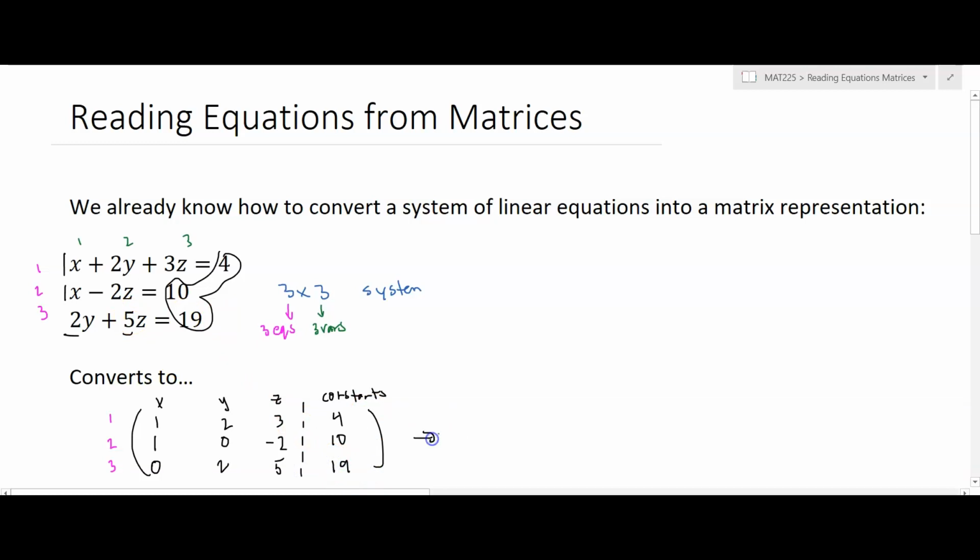Now, a lot of times, if you're using a calculator or some sort of technology, you're not going to see this dotted line. So we'll simply see the system 1, 2, 3, 4, 1, 0, negative 2, 10, 0, 2, 5, and 19. Now, if I asked you to read off what equations this matrix represents, assuming that this fourth column is always going to be the constants, and I tell you that up front, then if I didn't tell you the names of the variables, you could name them whatever you want.